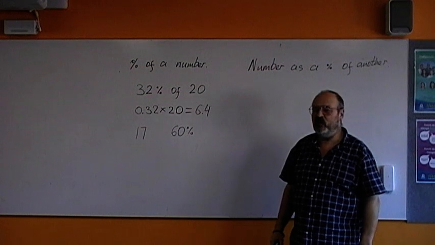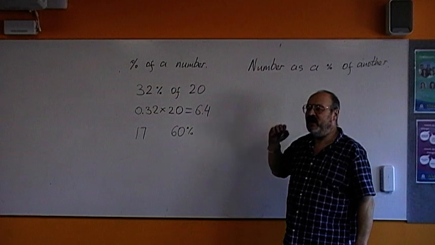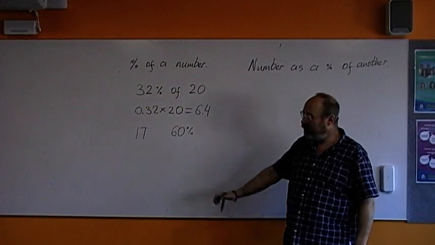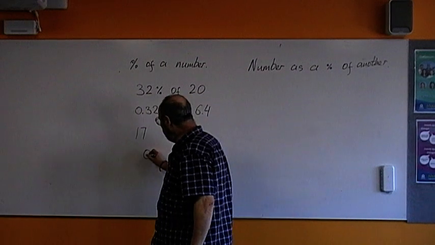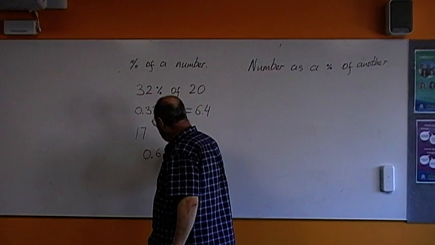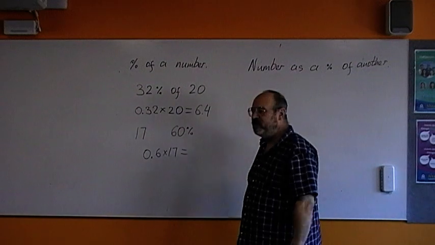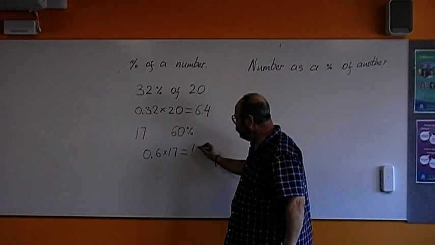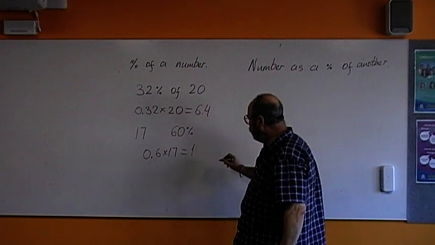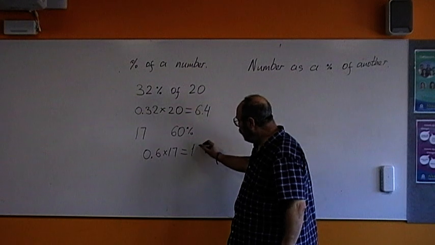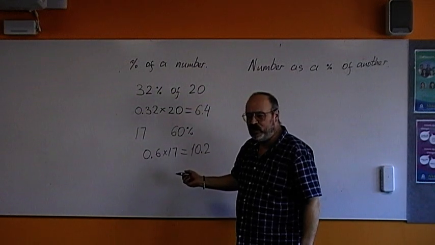The question is how many students will get over 70%. So we have 60% of students: 0.6 times 17, which will be equal to 10.2. We cannot have 0.2 students.